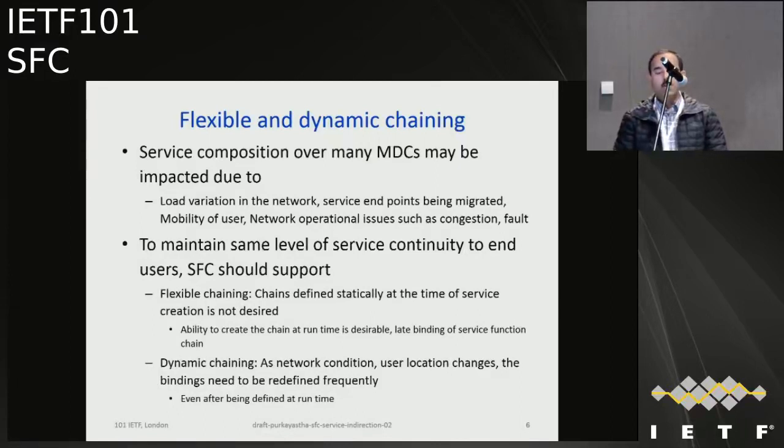In order to maintain the same level of service continuity for end users, SFC can support what we also call flexible chaining. So instead of defining chains statically at the time of service, the ability to create a chain at runtime is desirable. And also dynamic chaining: as network conditions change and user location changes, these bindings need to be redefined frequently. If we go to the next slide, please.